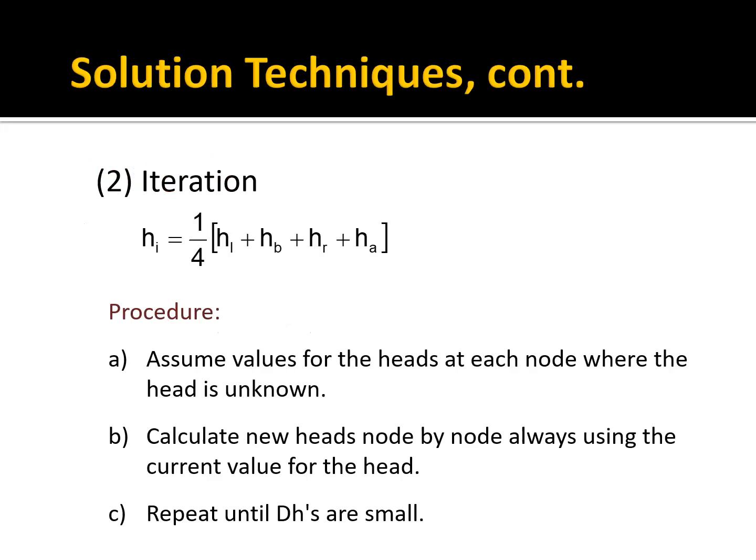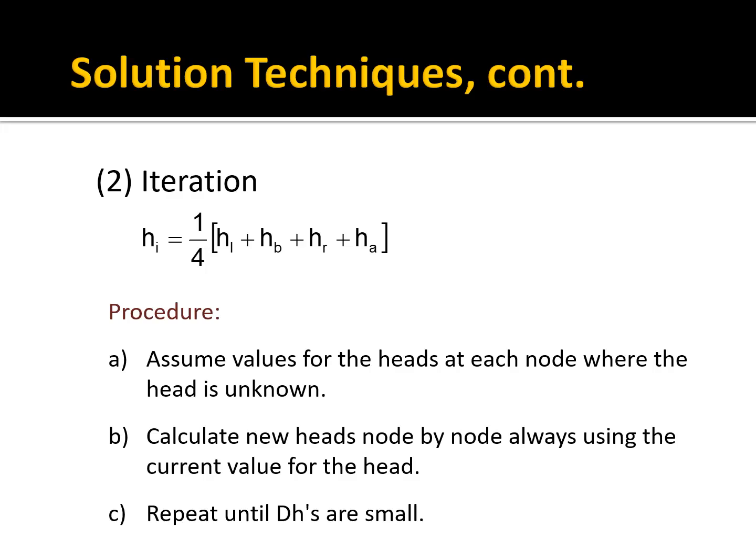Another method, which is really common, is called iteration. Well, relaxation is a form of iteration, but this is a little bit different. With iteration, we take our governing equation, and let's just assume the simplest case, 1/4 of HL plus HB plus HR plus HA. We have a similar kind of equation where we have boundary conditions.